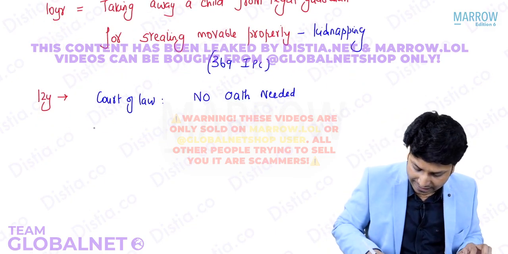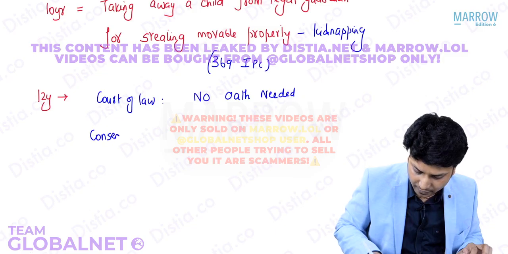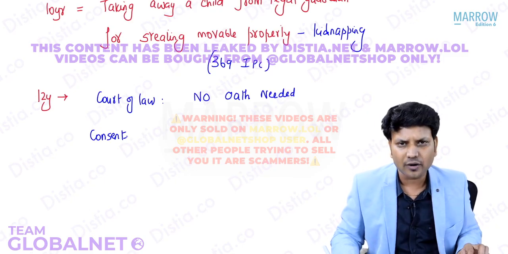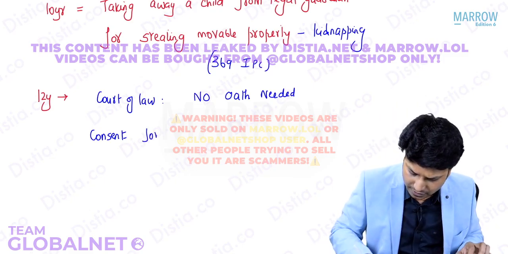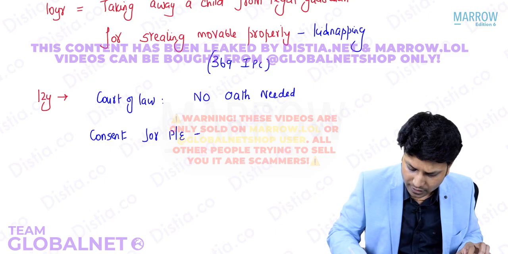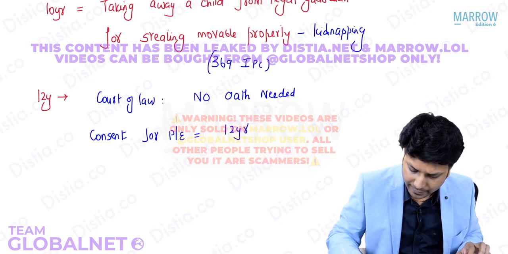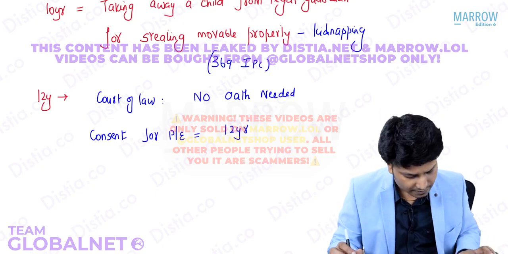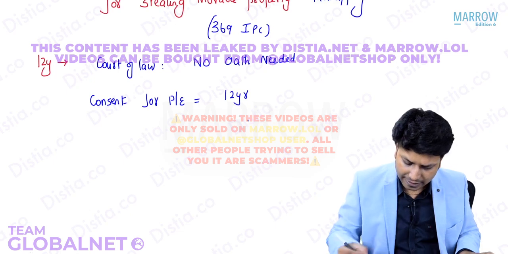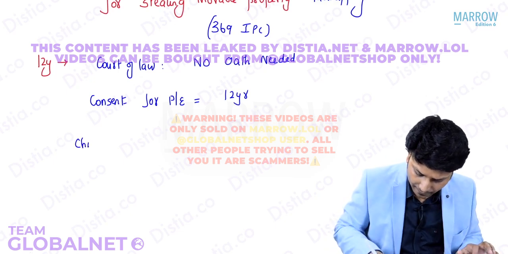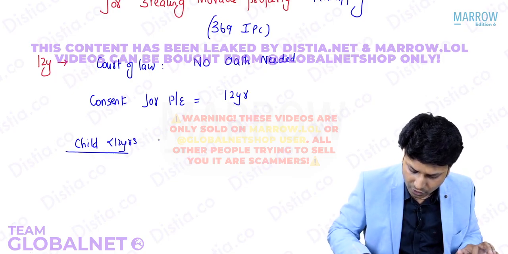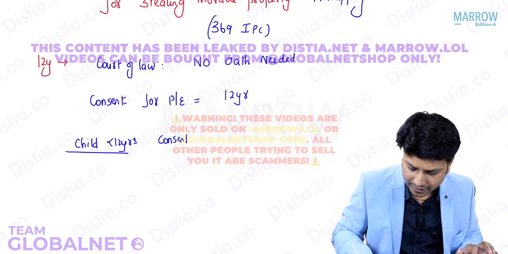Suppose consent is for physical examination, nothing more than that, the minimum age is 12 years. Just physical examination, no other major procedures. If the child is less than 12 years, the consent always has to be given by the guardian.